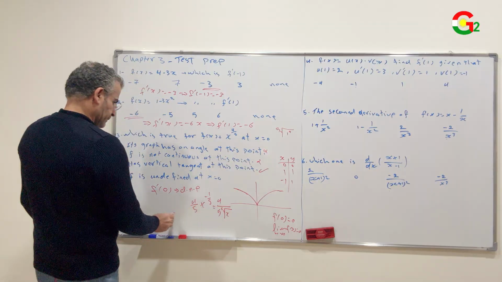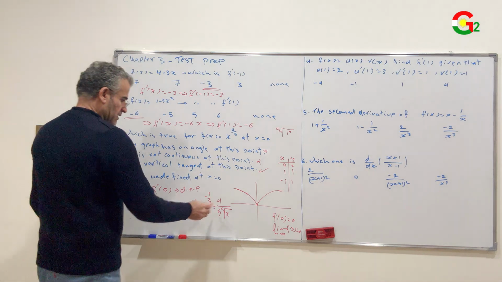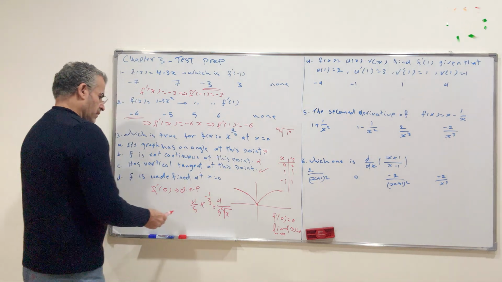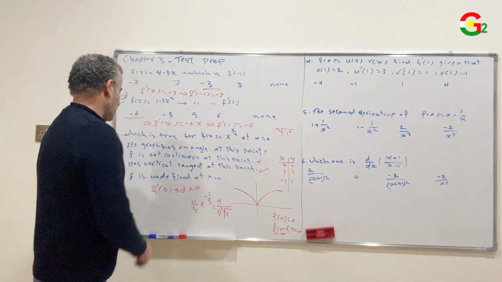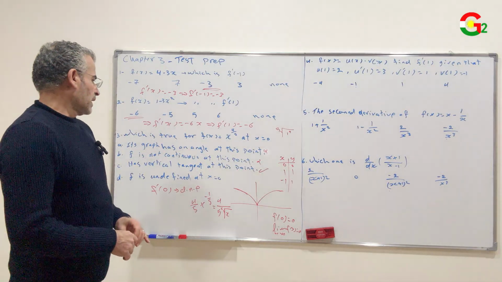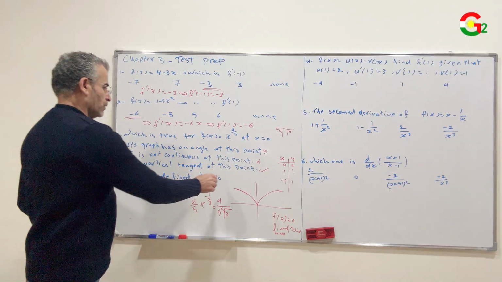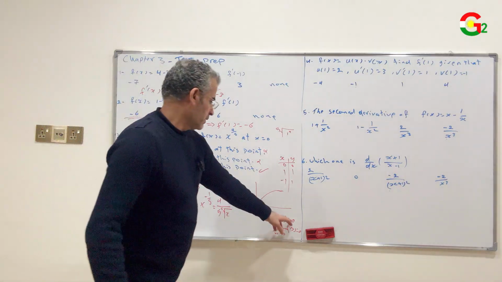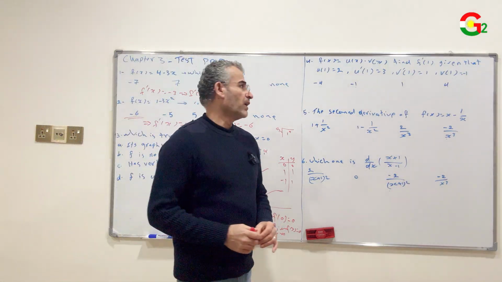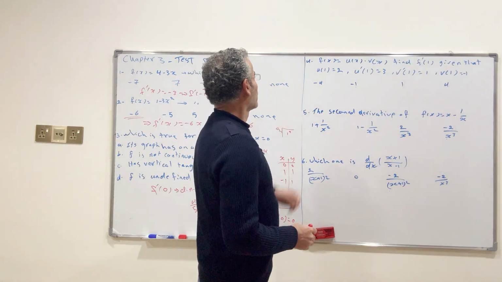At 0, it does not exist. So the function has a vertical tangent at this point. F is undefined at this point. It is wrong, because f of 0 is equal to 0. It is defined.